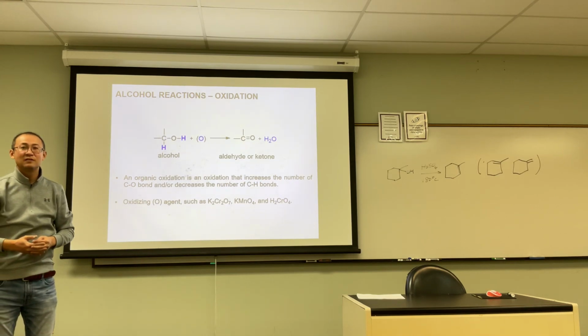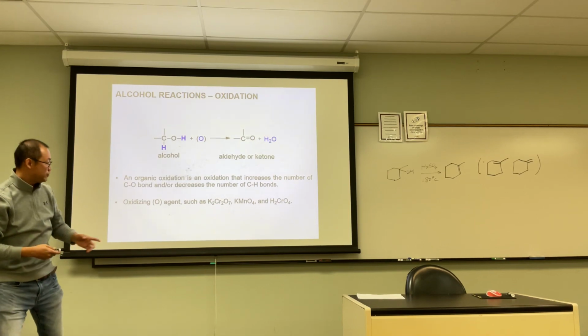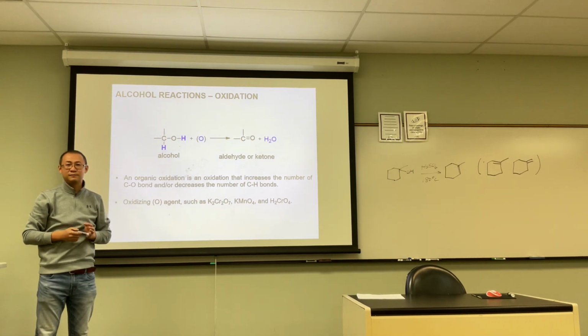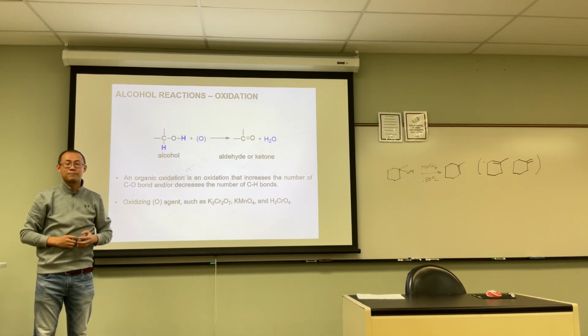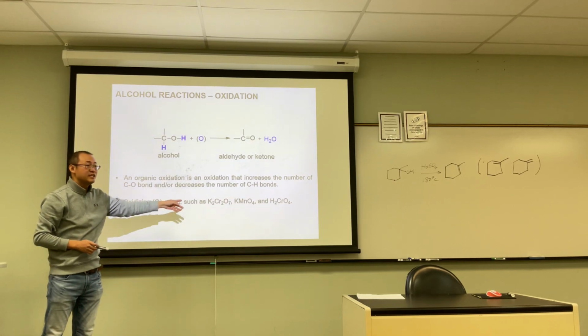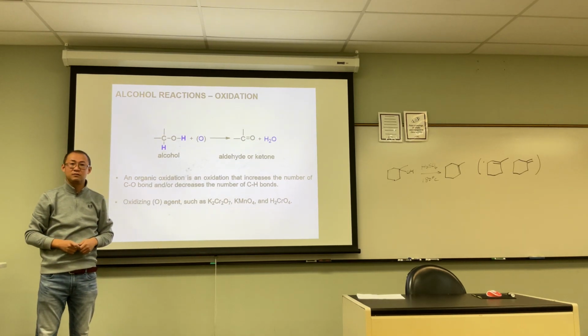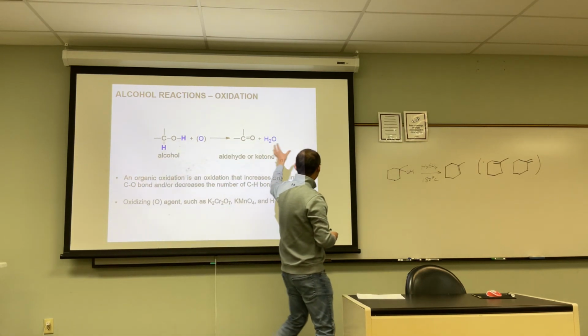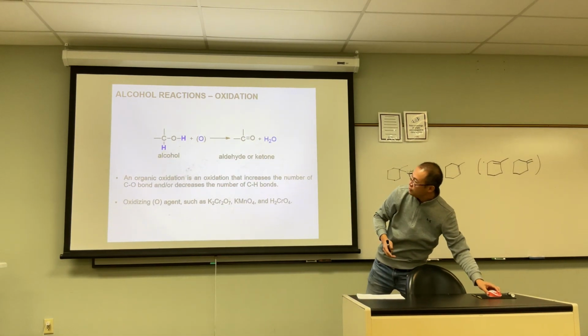That means, hey guys, this reaction is oxidation. Does it make sense? You don't have to show any of those. You don't memorize. But these are the commonly used oxidizing agents. All right, this is part of the general reaction. Let's take a look.